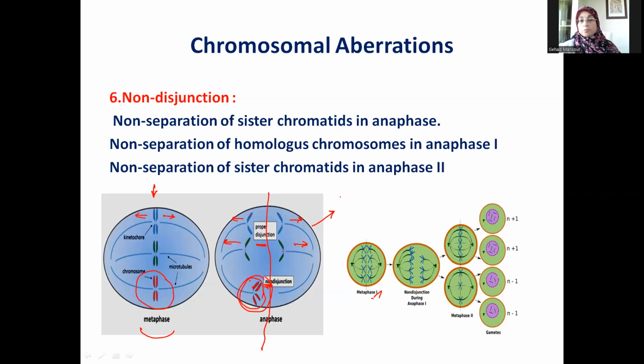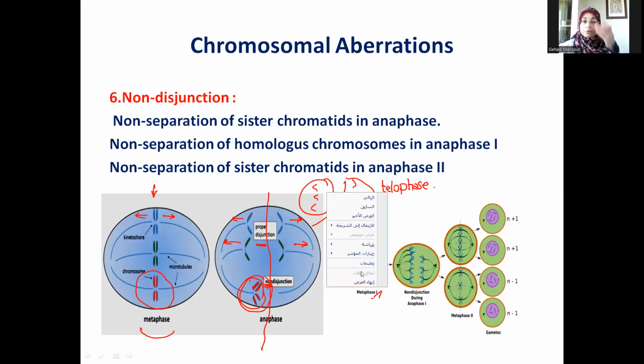But normally every gamete should have received 3 chromosomes.